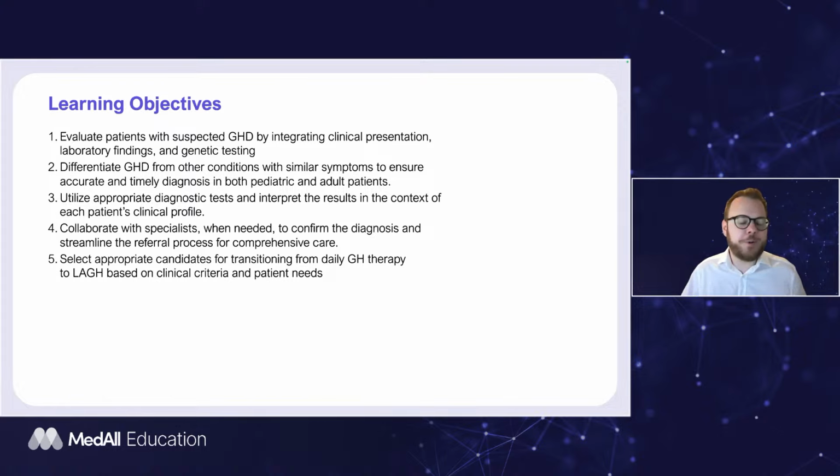What we hope that you'll be able to leave us with today is being able to evaluate patients with suspected growth hormone deficiency by integrating clinical presentation, laboratory findings, and genetic testing, differentiate growth hormone deficiency from other conditions with similar symptoms to ensure accurate and timely diagnosis in both pediatric and adult patients, utilize appropriate diagnostic tests and interpret the results in the context of each patient's clinical profile, collaborate with specialists when needed to confirm the diagnosis and streamline the referral process for comprehensive care, and to select appropriate candidates for transitioning from daily growth hormone therapy to long-acting growth hormone based on clinical criteria and patient needs.